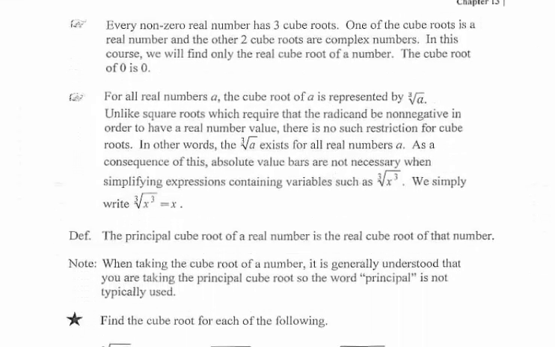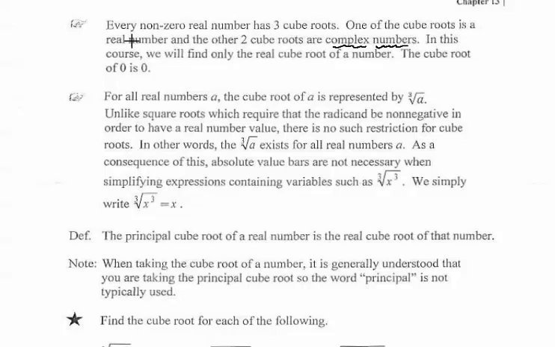Alright, so here we have a little comment about cube roots. When we talked about square roots, we said that there were actually 2 square roots for every number, but we sort of focus only on the principal square root in this chapter. Now for cube roots, there are actually 3 for each number. 2 of them are what we call complex numbers that we haven't talked about yet, so we're going to save that for a later chapter.